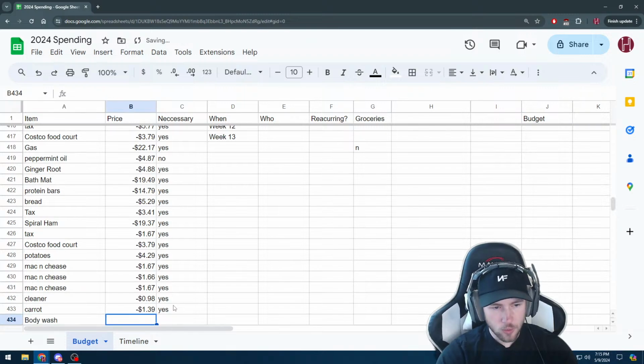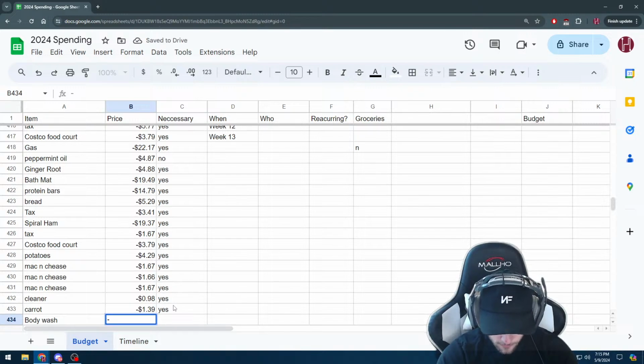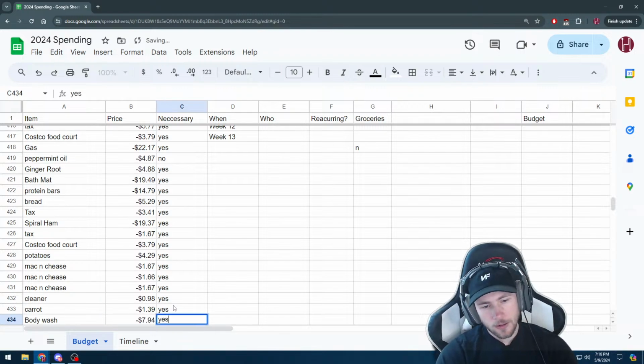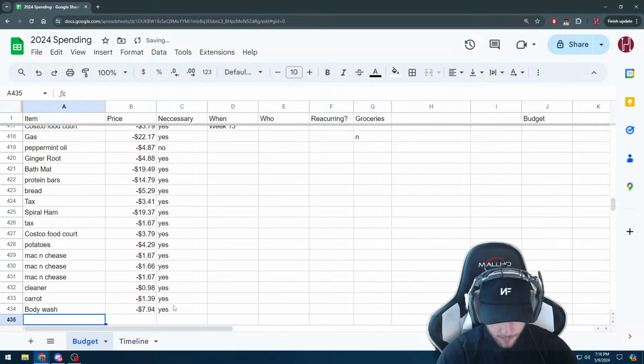Some more body wash for the misses for $7.90. Sometimes soap prices get me. They're always so expensive. What in the world is this?